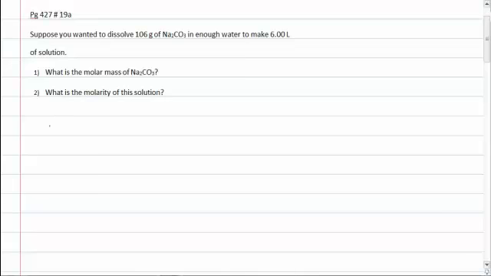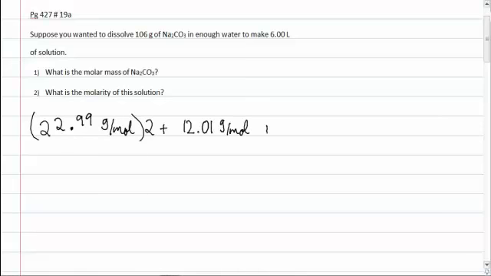So to find the molar mass, we have to look up the masses of each element on the periodic table. We find that sodium is 22.99 grams per mole, and there's 2 of them, so we multiply that by 2, plus carbon is 12.01 grams per mole, there's only one of those, and oxygen is 16.00 grams per mole, times 3 of them, based on the subscript 3.